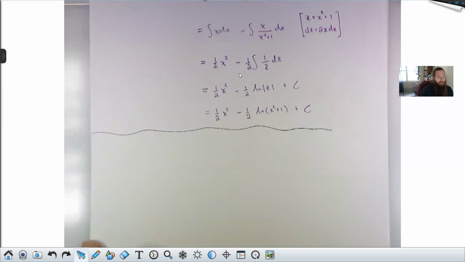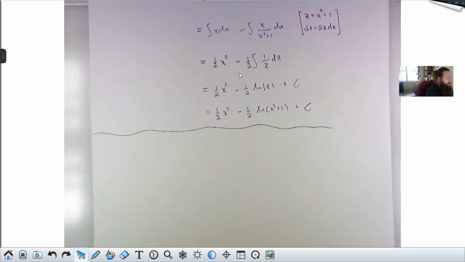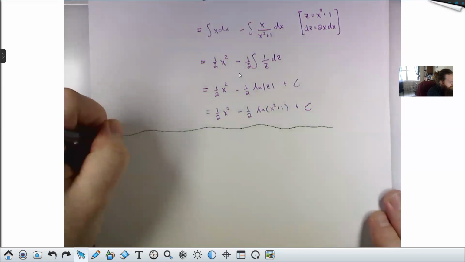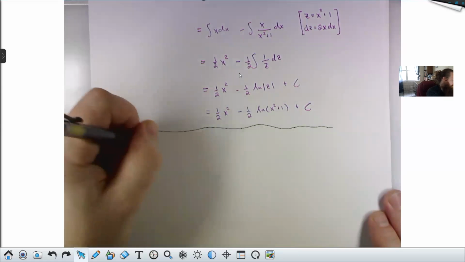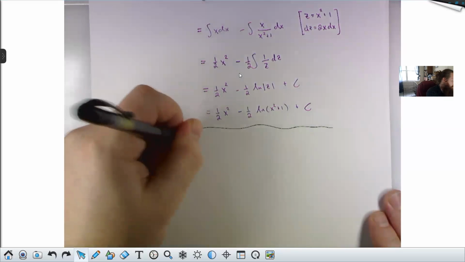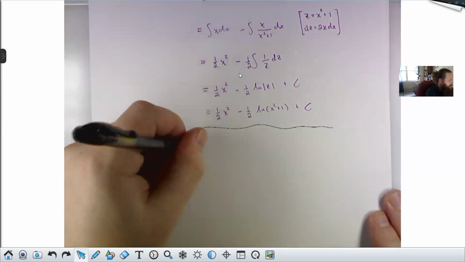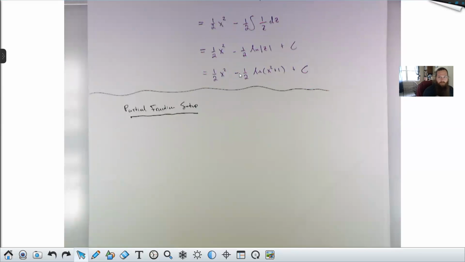Okay, so we don't always do partial fractions, but when we do partial fractions, how do we do it? If you're going to run partial fractions, you need to begin with a setup.